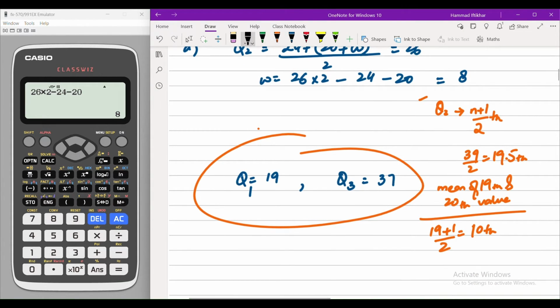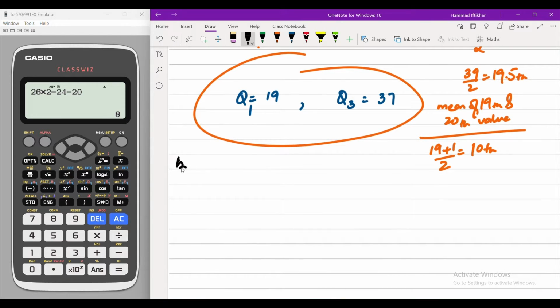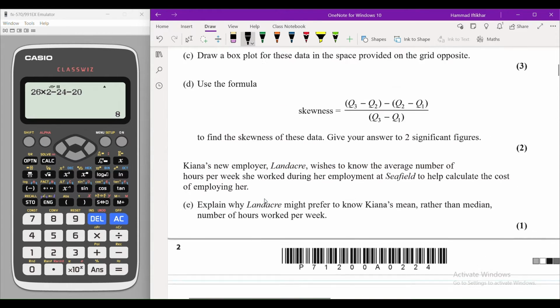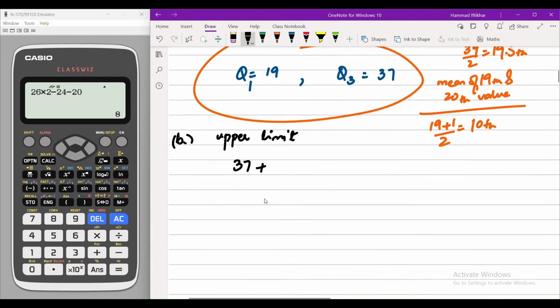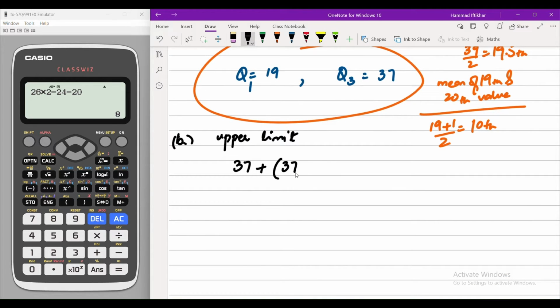We need to find the upper limit. So that is 37 plus 37 minus 19, that is 55.